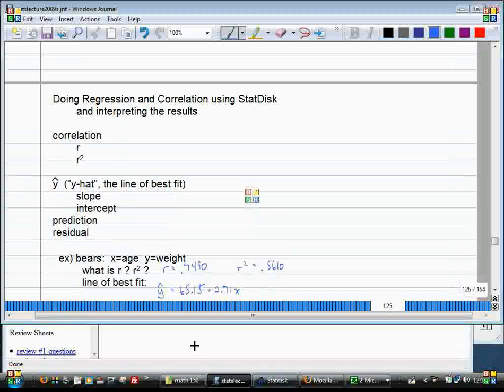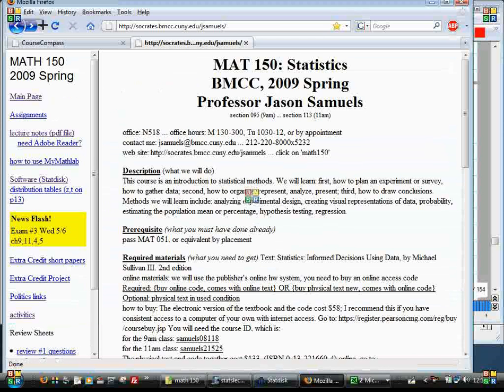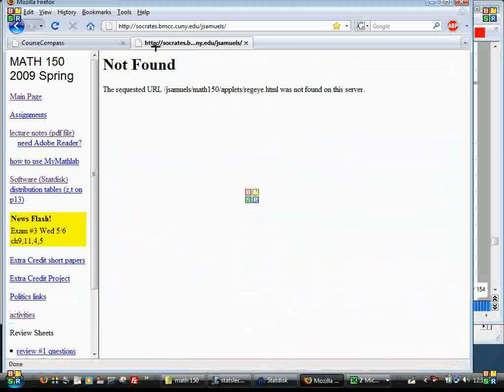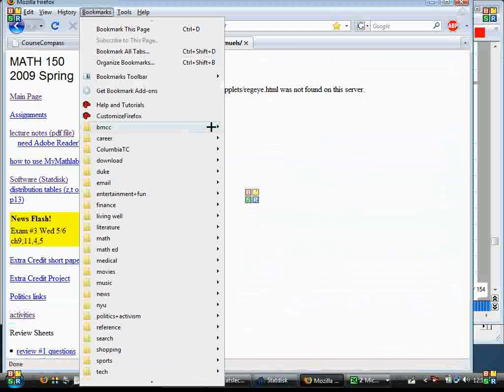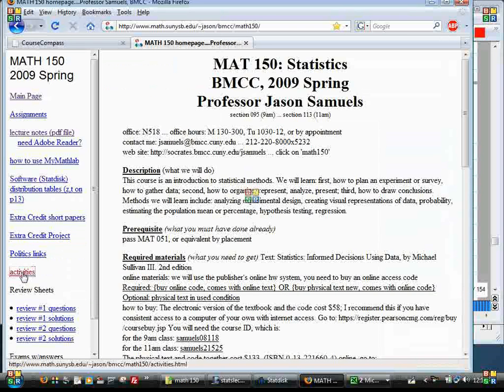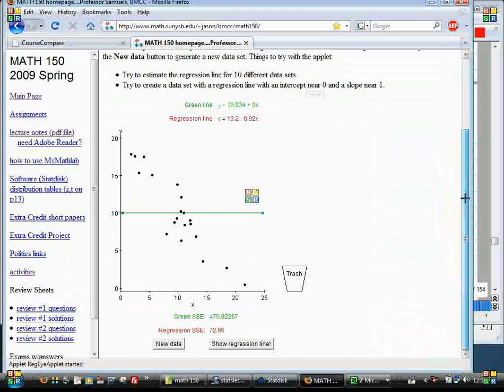So just a quick note, if you go back to the activities and go to regression, something that I didn't mention before is that it actually tells you the equation of the regression line on top.